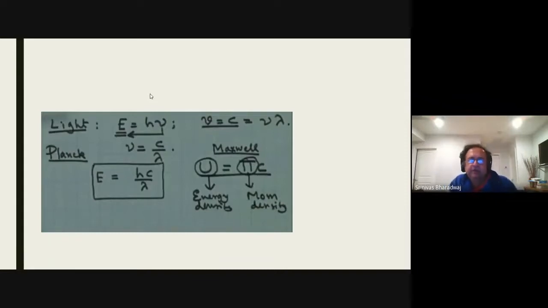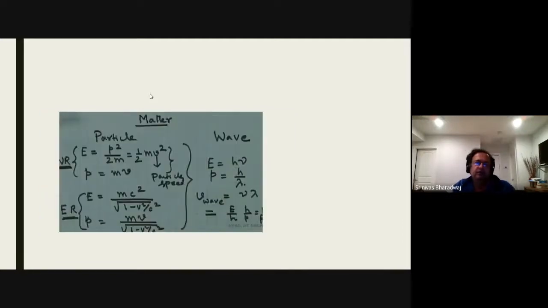As a result, they were able to discover this idea of wave particle duality. Now E is also equal to p square by 2m. p is mv, so p square by 2m is half mv square. So E is the kinetic energy. Kinetic energy is half mv square, which is also p square by 2m.